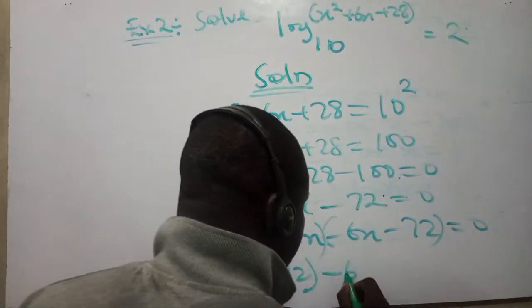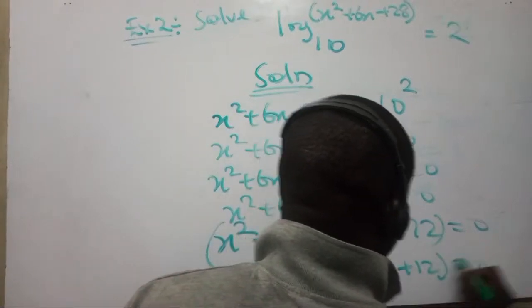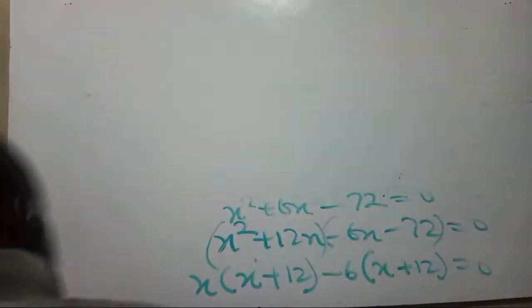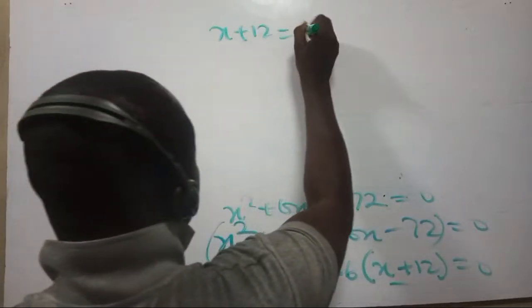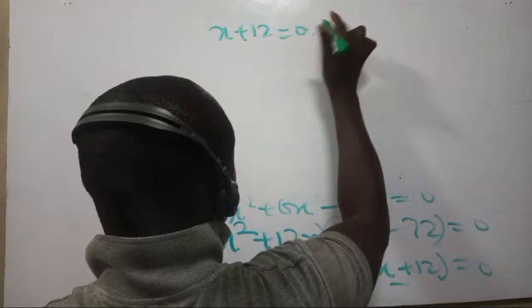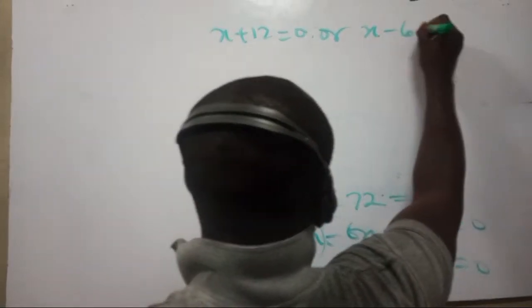The minus 6 is common here, I bring it out, and I'm going to have x plus 12 equals 0. Since what I have in the two brackets are the same, I will only pick that once. I will have x plus 12 equals 0, or I will now group these two: x minus 6 equals 0.